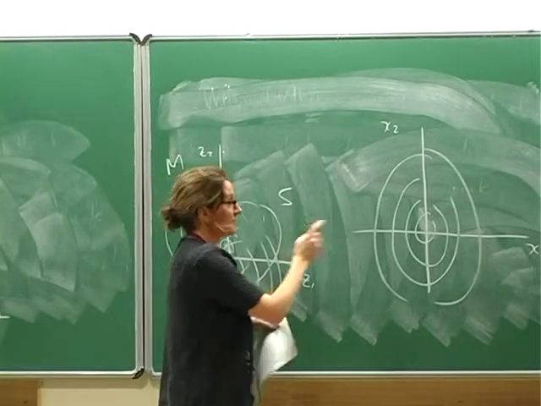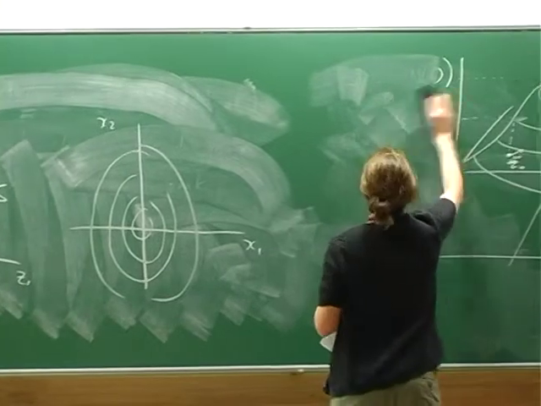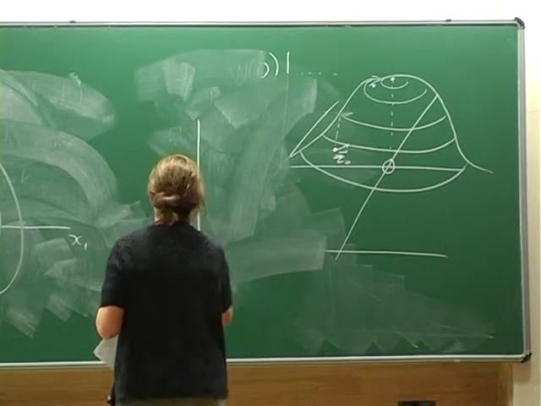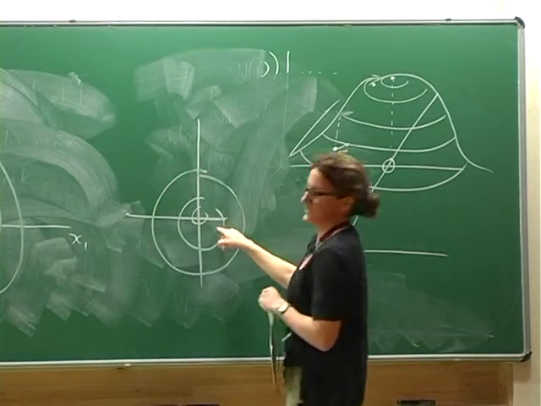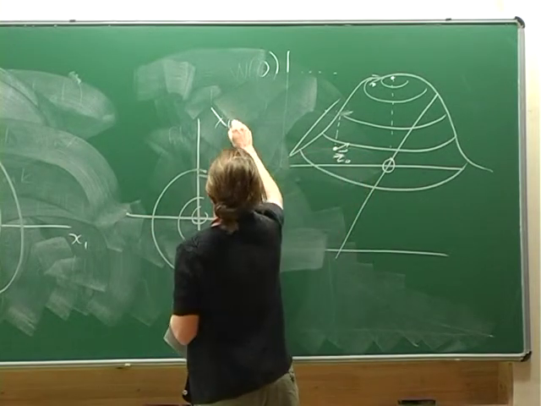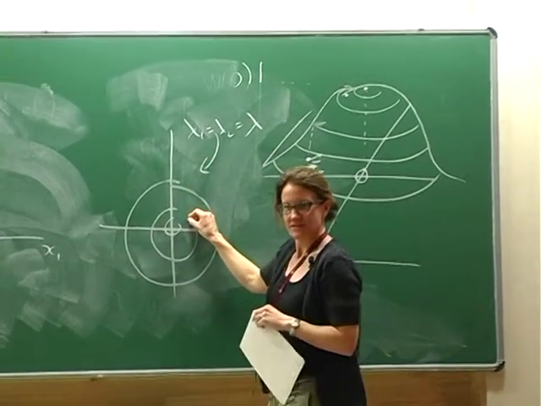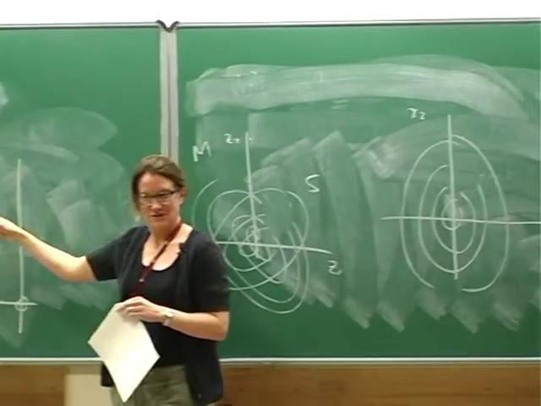And then under the additional assumption that the lambdas are all the same, this is now circular. That was elliptical. Lambda 1 equals lambda 2 equals lambda gives us this, and then that gives us the negative gamma distribution.